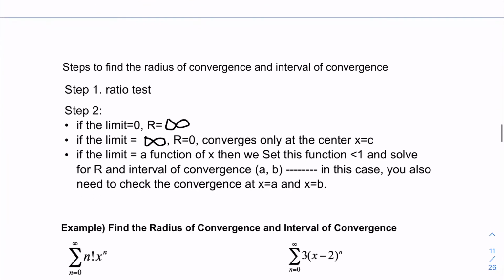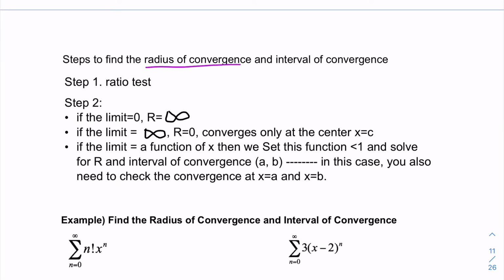So the general steps to find the radius of convergence and interval of convergence for any power series. First, the ratio test. Second, if the limit equals 0, we directly claim r equals infinity. That means, because 0 is always less than 1, the series will converge everywhere.